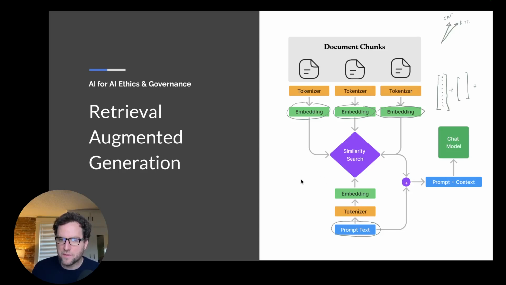So now I have a vector that represents the meaning of what I just asked, and I also have a bunch of arrows, which I'm drawing in slightly different directions because the direction in this space kind of encodes the meaning. These different chunks have different directions because they have different meanings. They're different vectors. Then I'm going to do something very simple, a similarity search.